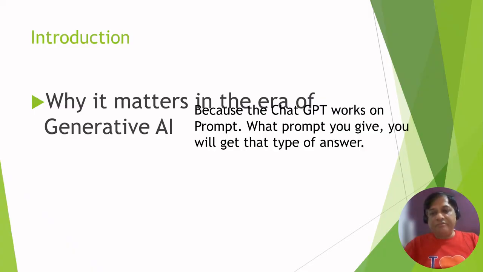Before going further, I would like to say that when there are short forms, if you know the full form of that short form, you come to know what exactly it is. For example, ChatGPT is a short form.